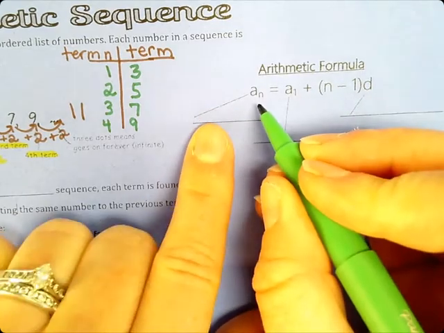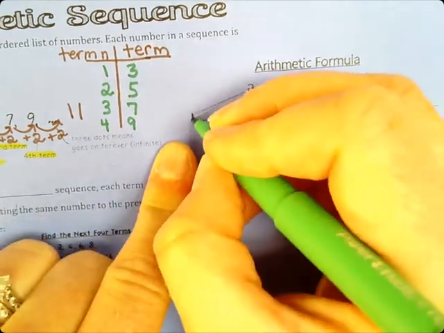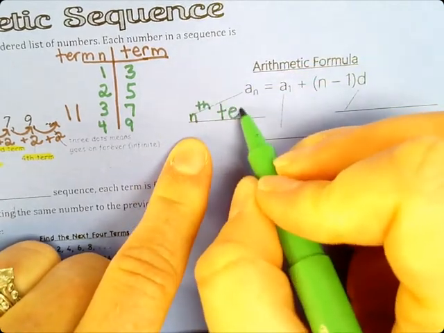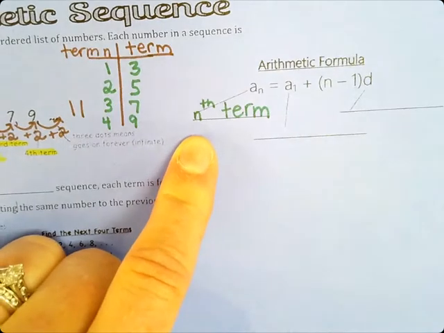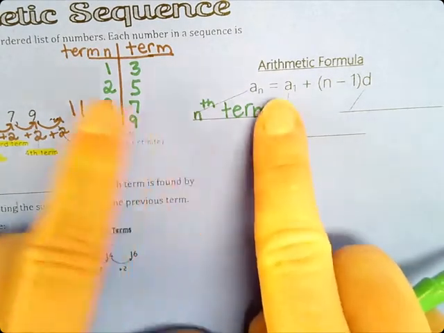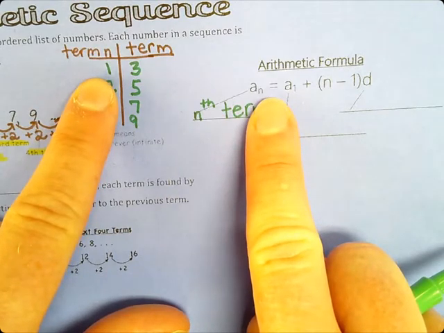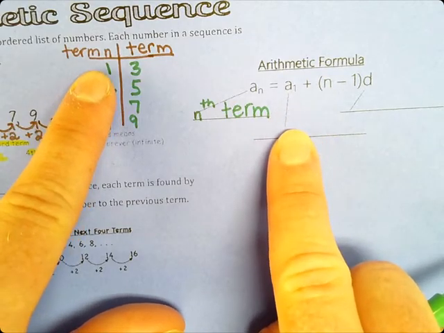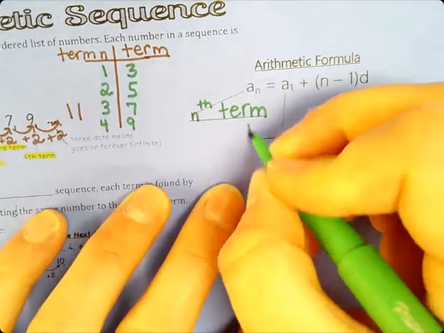So AN stands for the nth term, like the 5th term, the 50th term, whatever the term number is. And then A1 comes from our very first term.